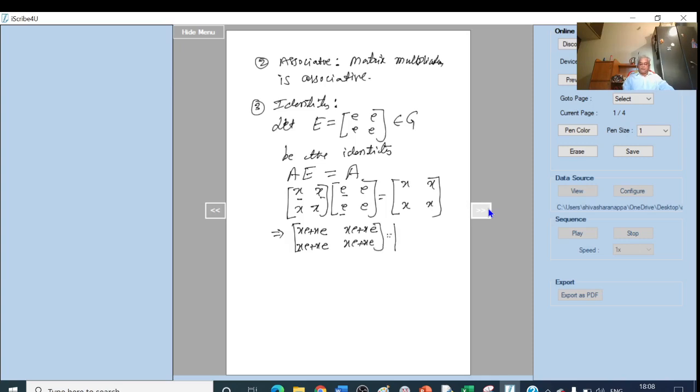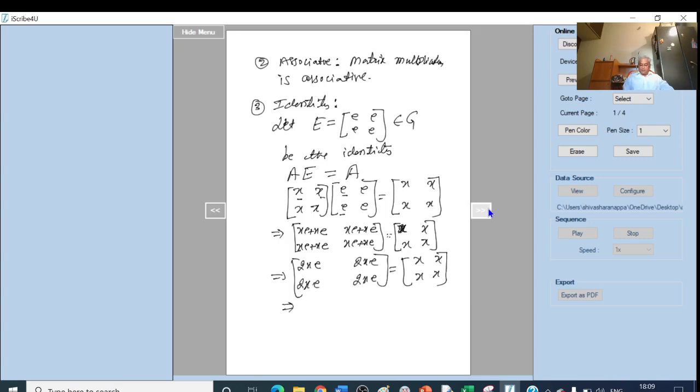This is equal to, on the right hand side, we have x. And the left hand side is xe plus xe, which is 2xe.